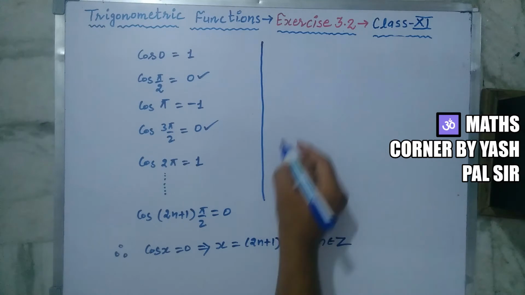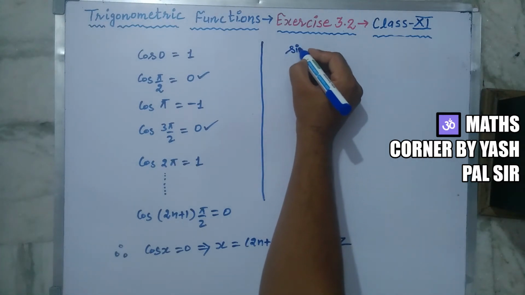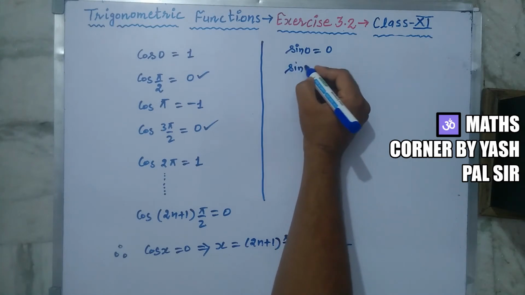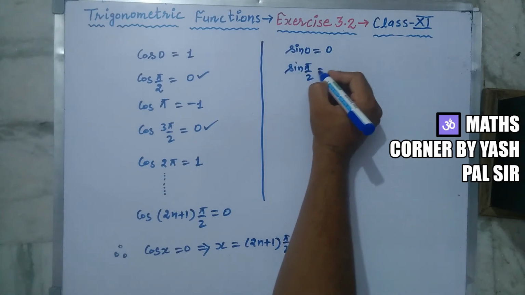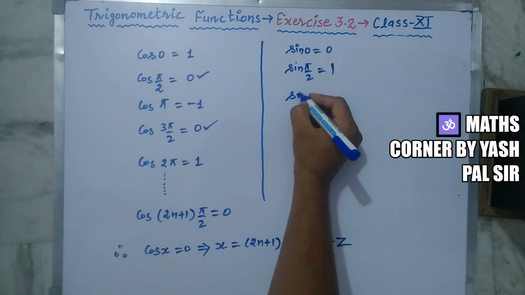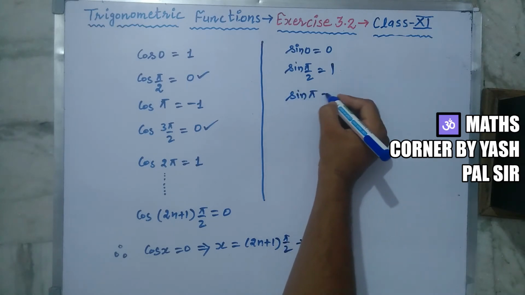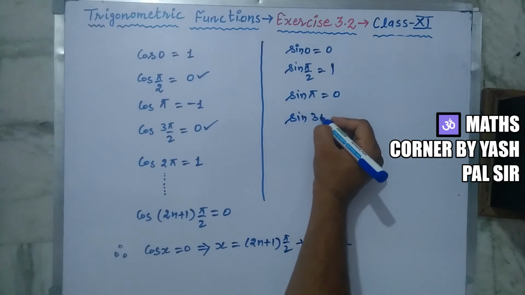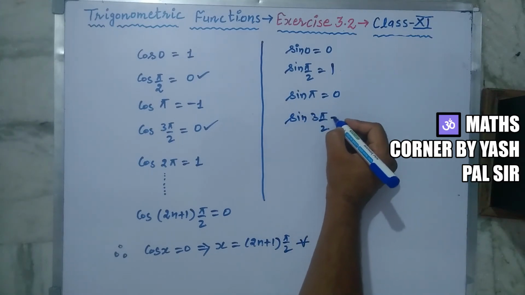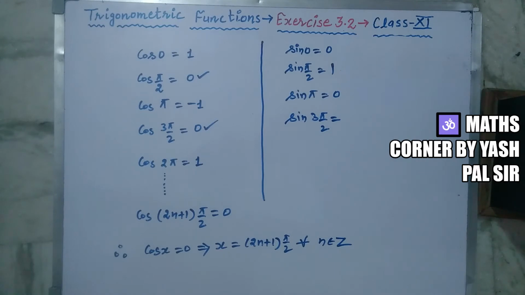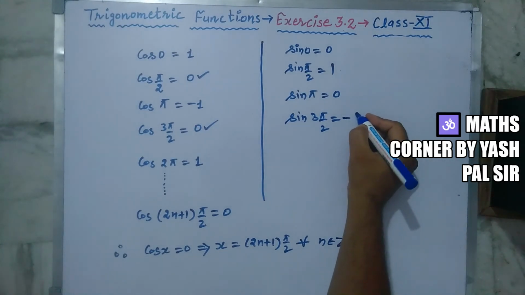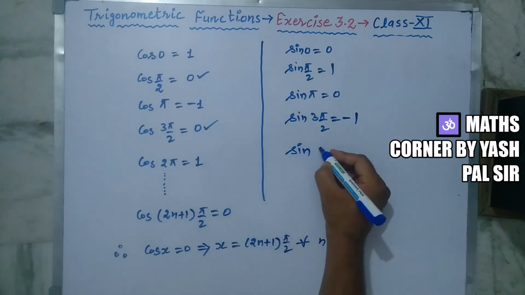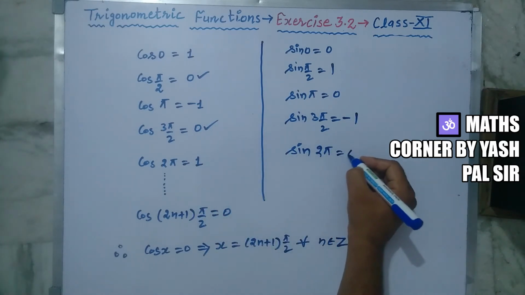Similarly, we have sin 0 is equal to 0, sin pi by 2 is equal to 1, sin pi is equal to 0, sin 3 pi by 2 is equal to minus 1, sin of 2 pi is equal to 0.